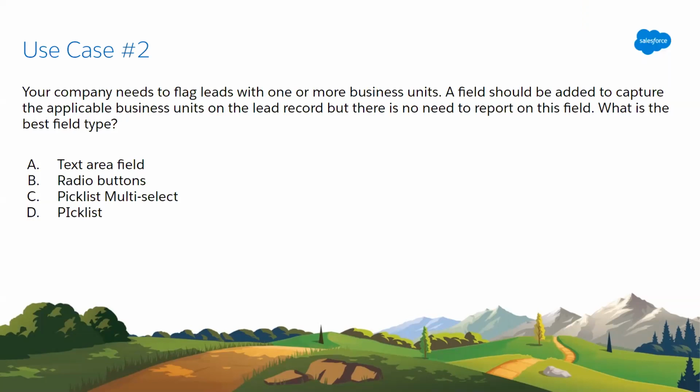At first I thought text area. So with business units, I'm assuming that's going to be a known entity. So I might have an accounting department, a sales department, human resources, customer service.